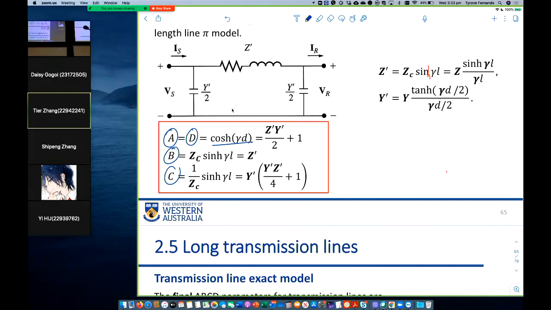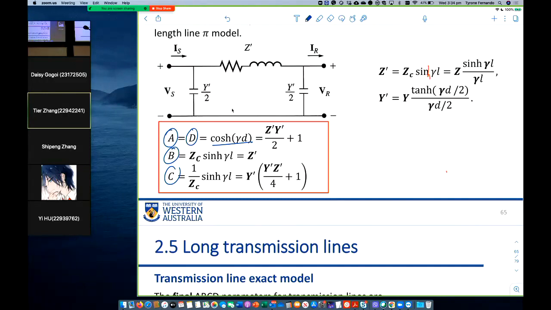So how do we modify Z and Y? Well, those expressions on the right say how to modify it. Z dash is you take the Z and you multiply that by sinh gamma L over gamma L. So that's how you modify Z so that it becomes Z dash. How do you modify Y so that you get Y dash?